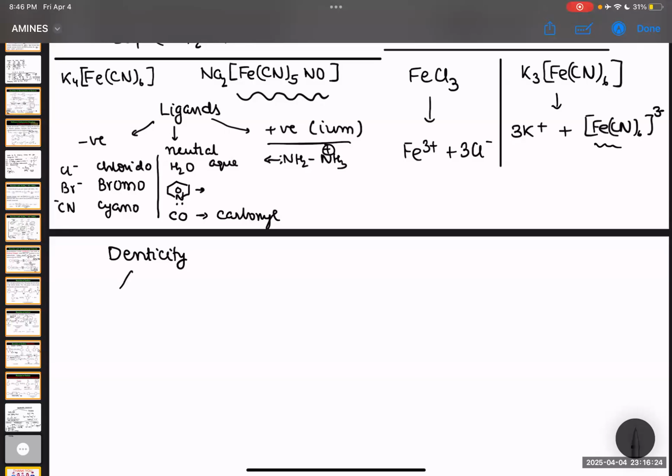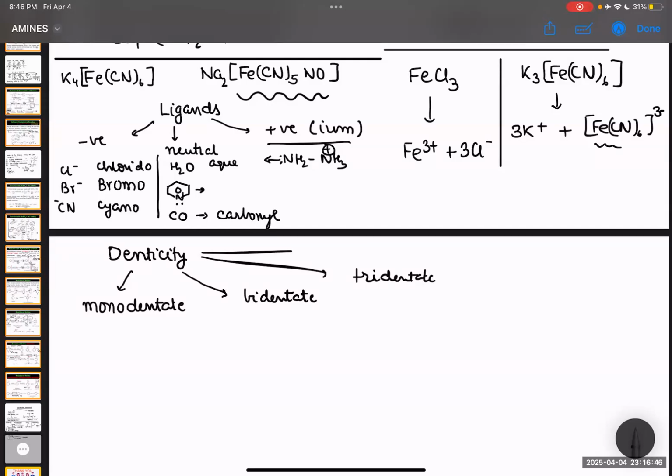On denticity, you can classify the ligand to be monodentate, bidentate or didentate, tridentate, and so on.